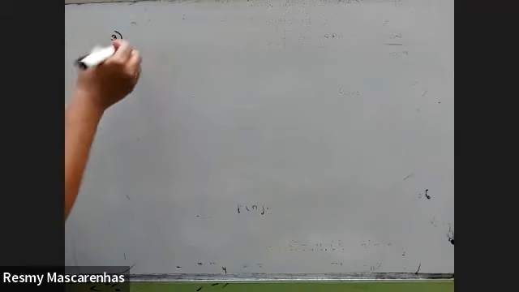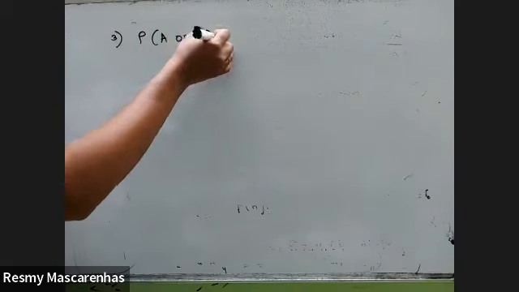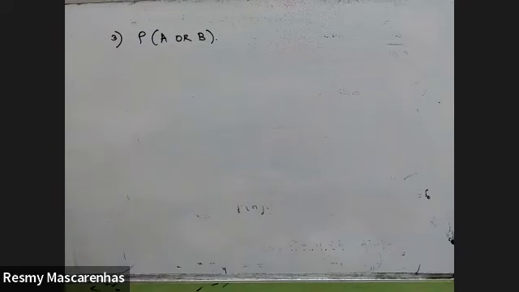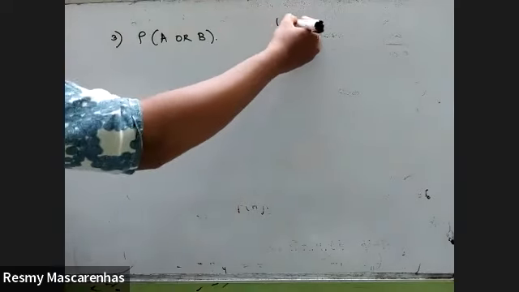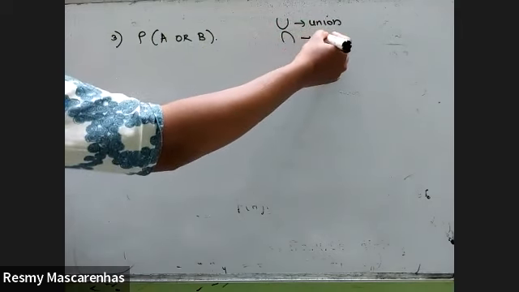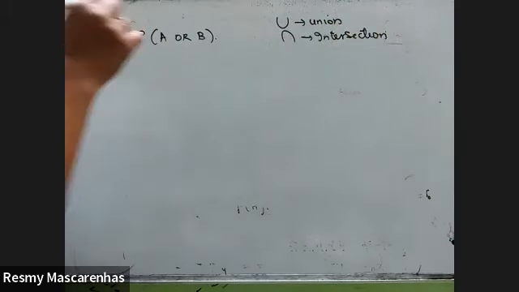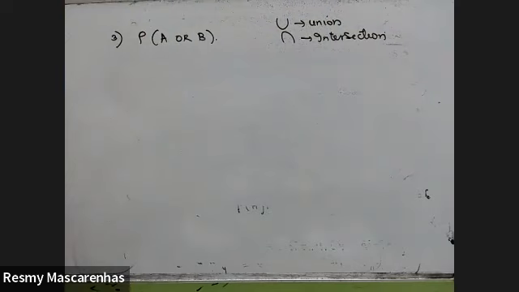Third one, what is probability of A or B? Or always means union, remember that. You know this sign. This is a union sign. This is an intersection sign. Union means, from the set chapter in 11th, you know that you have to combine all the elements.